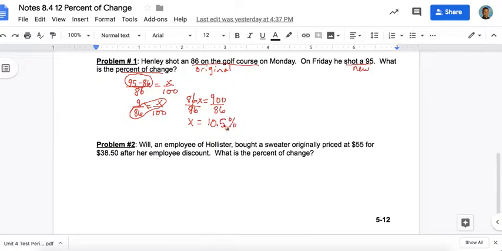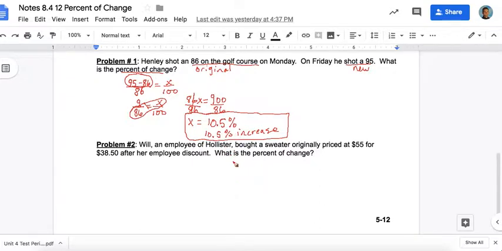So I rounded to the nearest tenth. And this is an increase because it went from 86 to 95. So this is a 10.5% increase. Now, you don't have to always write both. I'm just writing both to show you that there's 2 ways to write it.